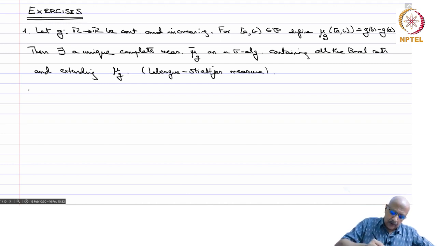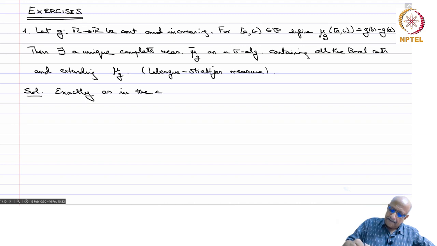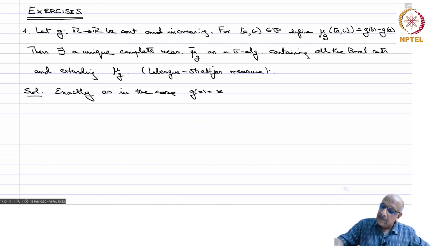Okay, so solution. Exactly as in the case G(x) equals x, in which case you get the Lebesgue measure. Because then mu G is nothing but b minus a.